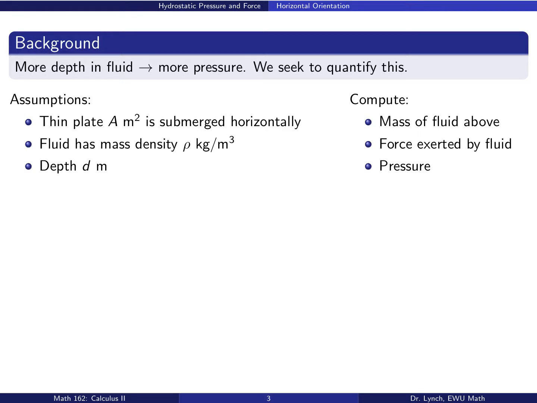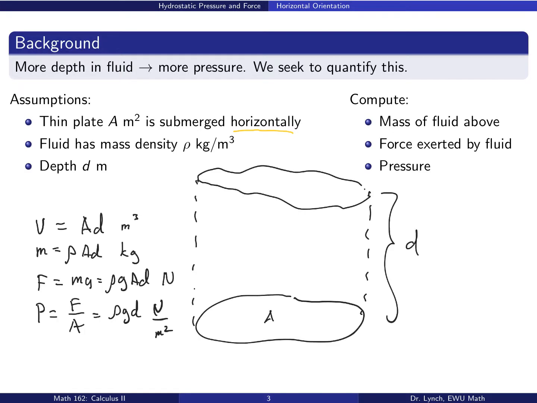Okay, so here we're thinking of submerging a thin plate with A square meters area horizontally. We'll think about the fluid over that plate having some mass density, rho kilograms per cubic meter, and we'll think about this plate being submerged at a depth of d meters.